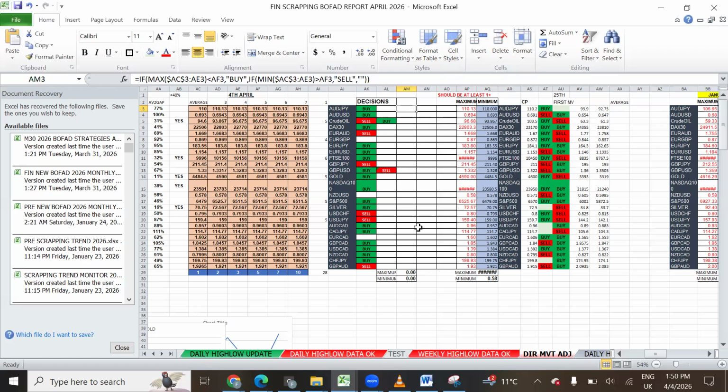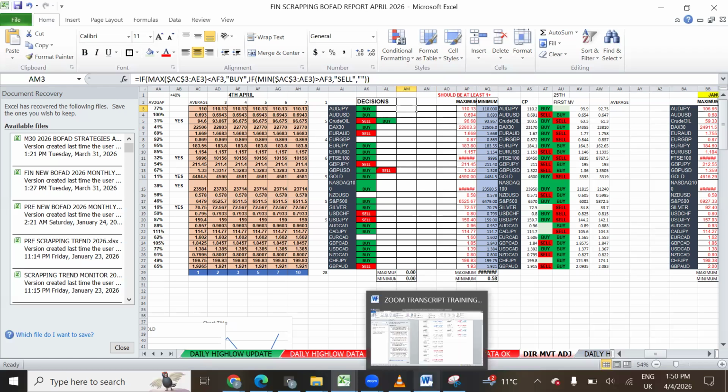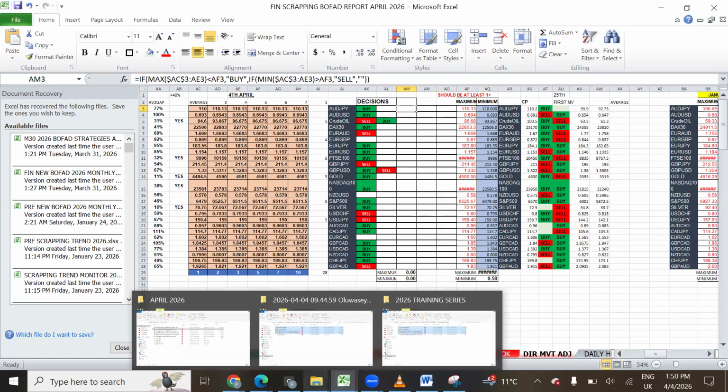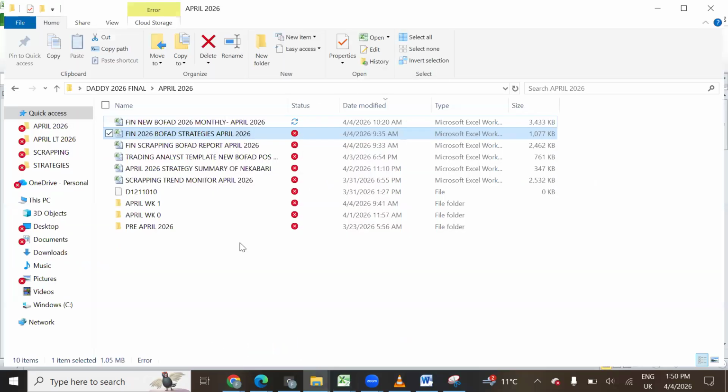Okay. So let me just show you an example of this template in the month of March. We just finished March, but I'll take the report from our April week 0. Remember, this is BOFAD. So let's look at the name of the strategy.